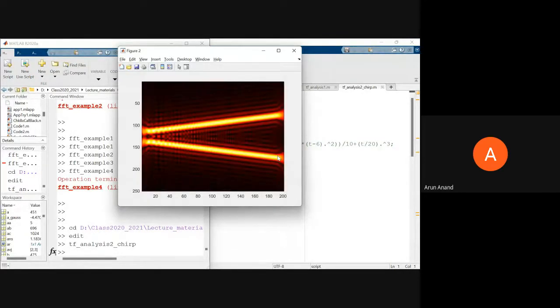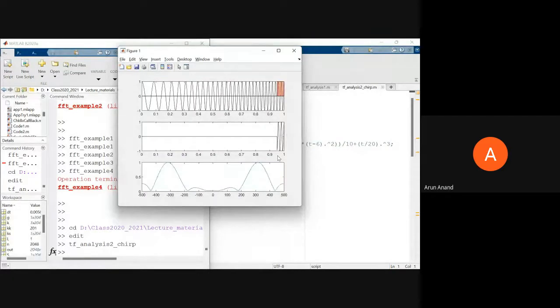Okay, let's forget about this one first. Let us go back here. The top panel is the signal. The second panel is the signal multiplied by a rectangular function, so that is the portion of the signal presently being sampled. And the third panel, the bottom figure, is the spectrum of the second figure.